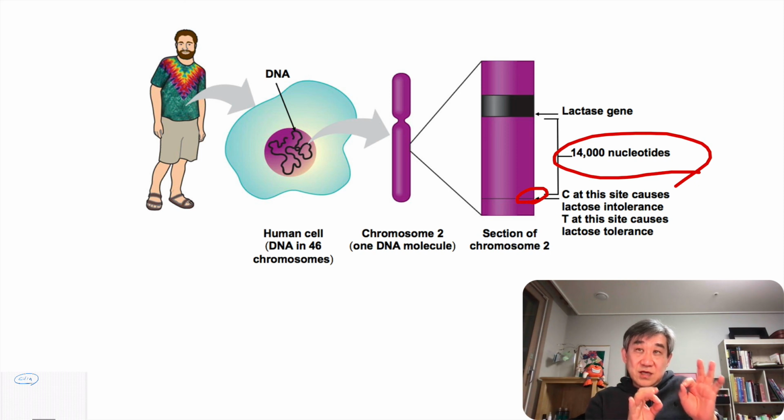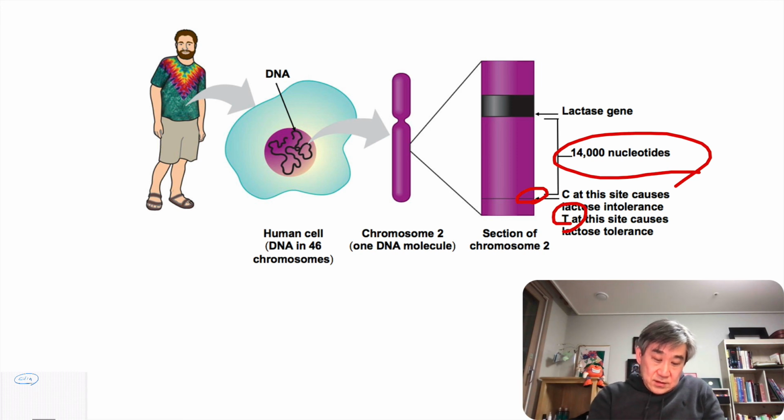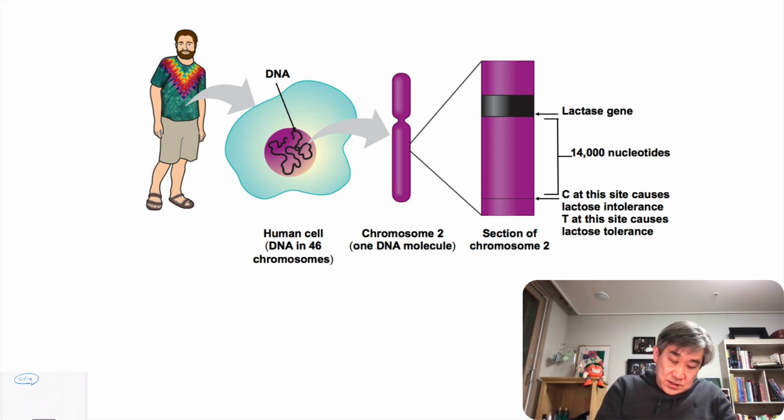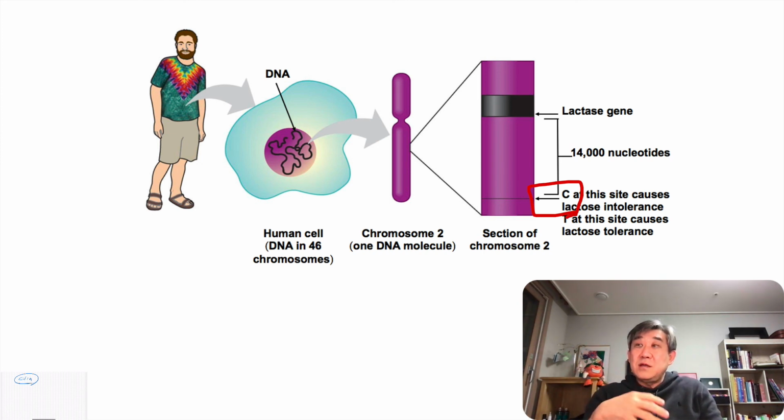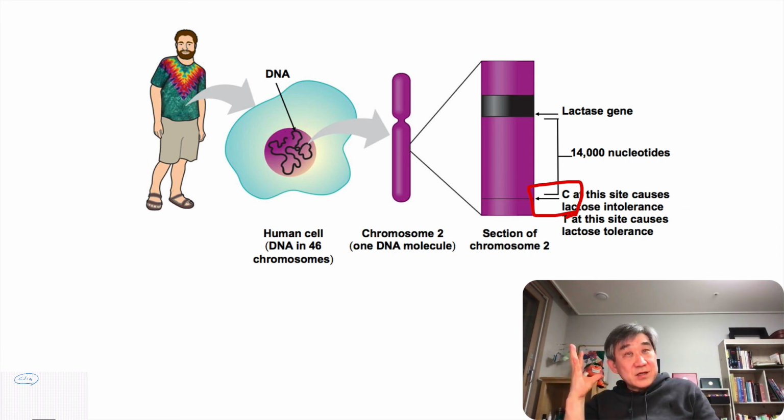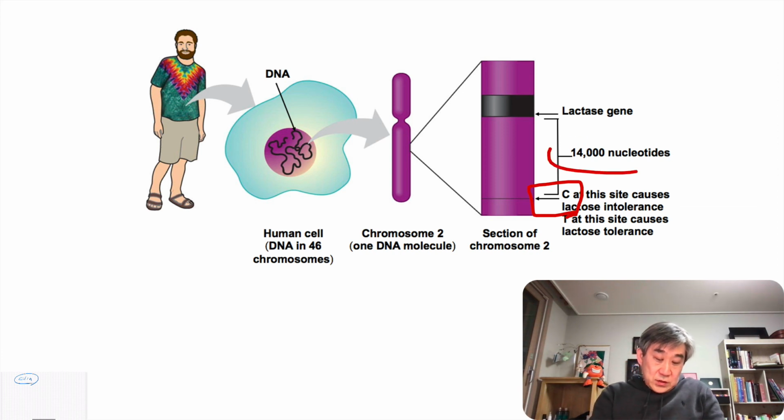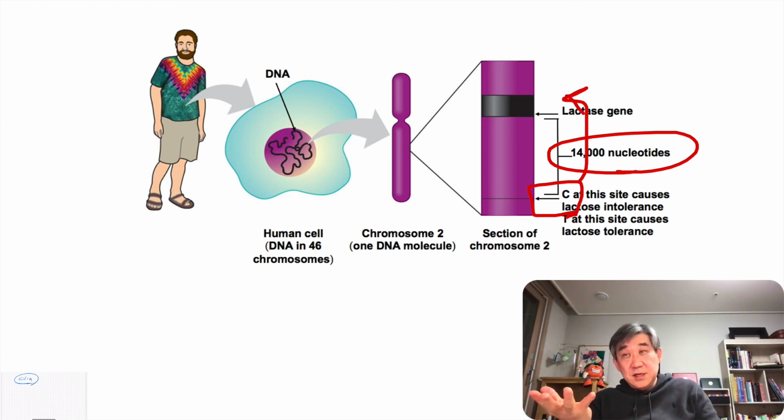Originally, there was a cytosine there, but in those who are still able to express lactase at old ages, this particular point has been converted into T. But whether it's T or C, this area can still be occupied by some specific transcription factor, which, from such a long distance of 14,000 nucleotides, can somehow influence expression.